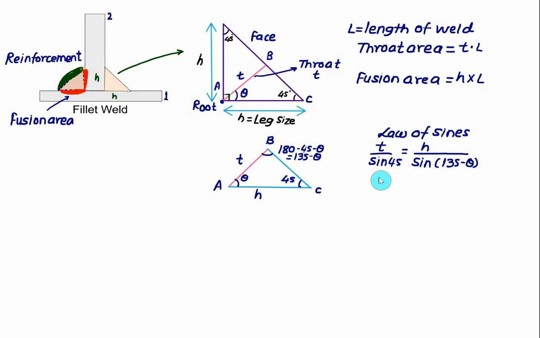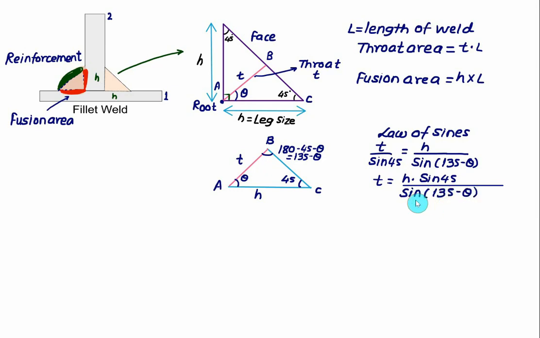So we have t equal to h multiplied by sine 45 divided by sine of 135 minus theta.